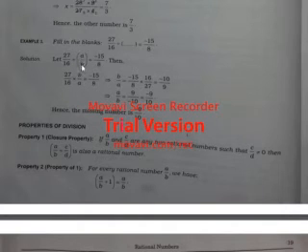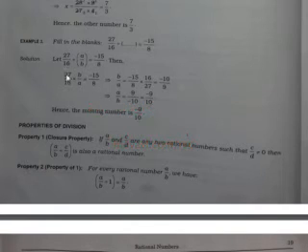Here it has been assumed that the blank number is a by b. Let 27 by 16 divided by a by b is equal to minus 15 by 8. Then when this divide changes into multiply, it will become b and a. Denominator will become numerator and numerator will become denominator. So 27 by 16 into b by a is equal to minus 15 by 8.